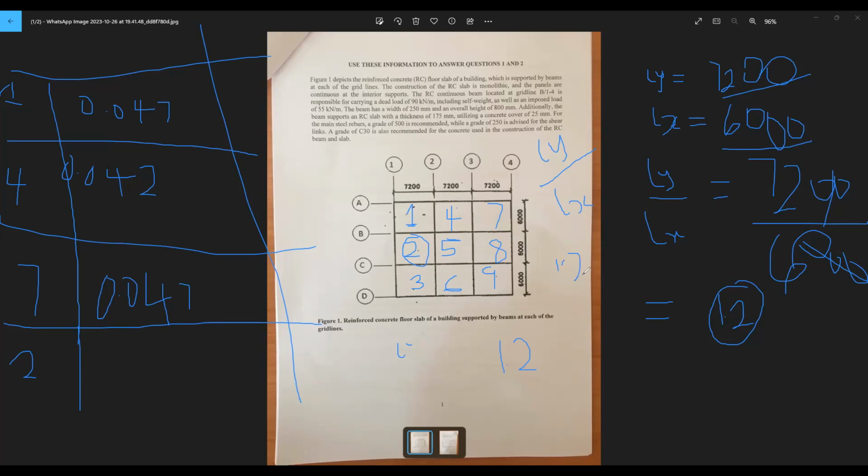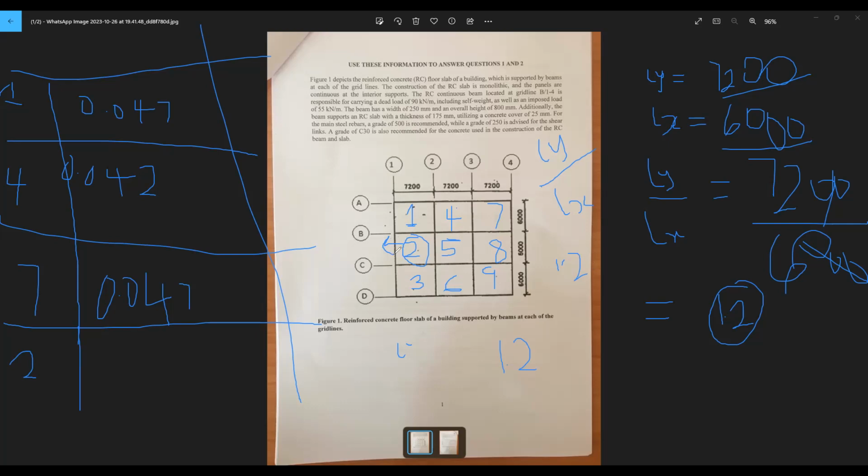So this is the point we are at, and we are classifying panel 2. Panel 2, we said we had only one short edge discontinuous. You visit your code book, table 3.14, one short edge discontinuous. So we go under that, we look for positive moment at midspan, and under positive moment at midspan, we check under 1.2 to meet that.